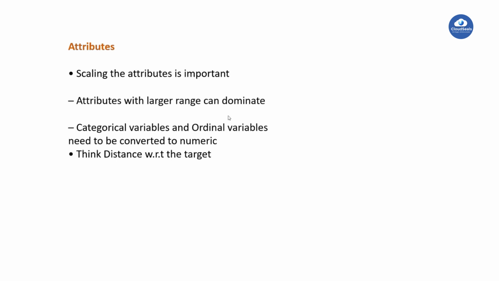For example, age lies between 0 and 100 mostly. More than that, no one can live. Maybe one or two people in a crore will live more than 100 years. So 0 to 100. A high range can dominate.